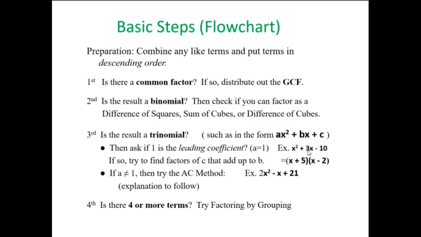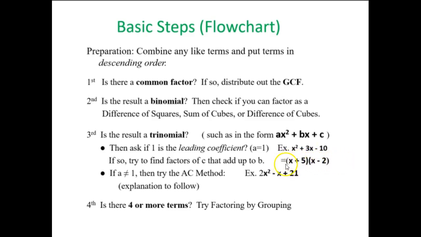Now the factors of negative 10 are either 1 and negative 10, or negative 1 and positive 10, or negative 2 and positive 5, and positive 2 and negative 5. So there are 4 possible pairs, and the pair that adds up to 3 is 5 and negative 2. And so that's the pair you want.